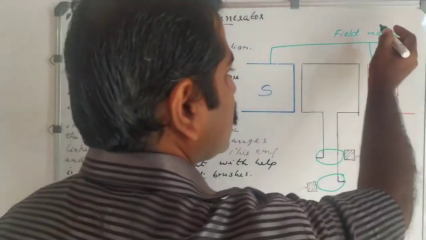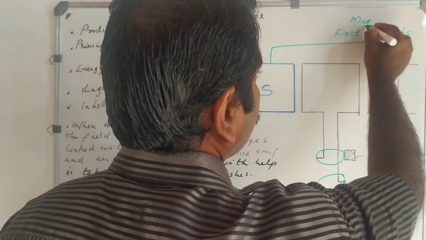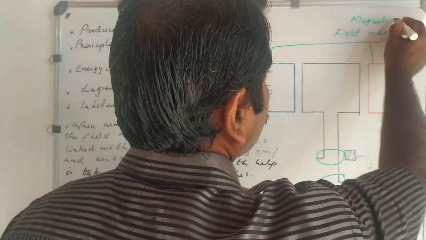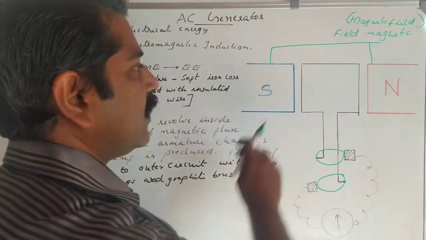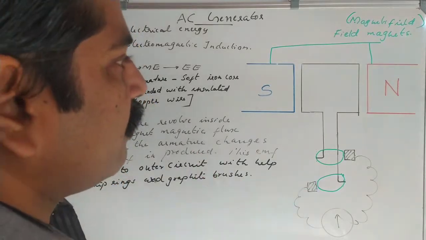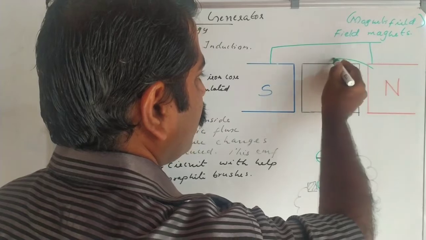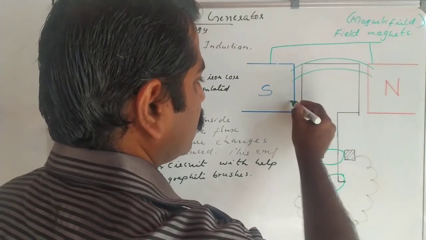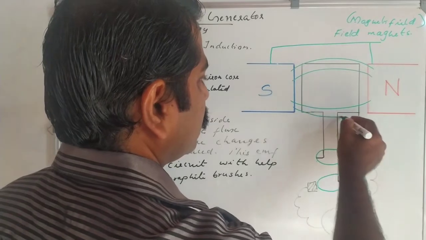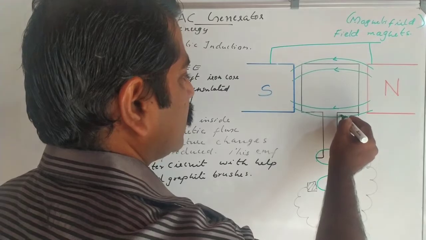And this part is known as the magnetic field. These field magnets provide a magnetic field. So there will be a large number of magnetic lines from north to south, a large number of magnetic flux.